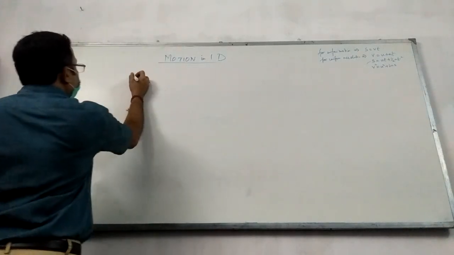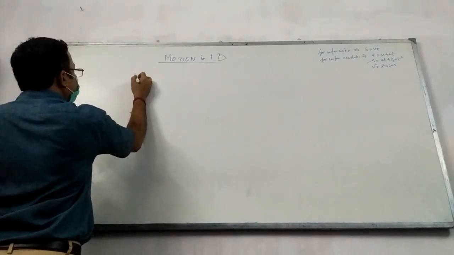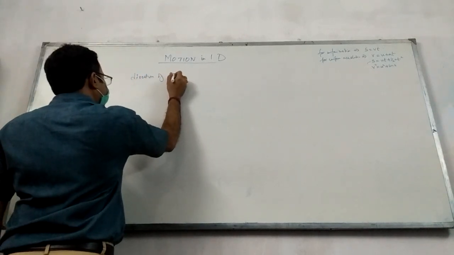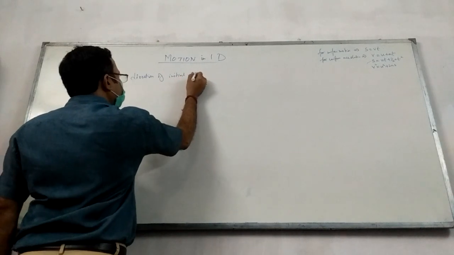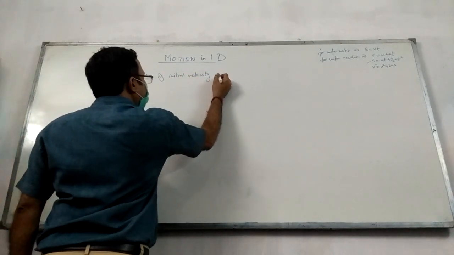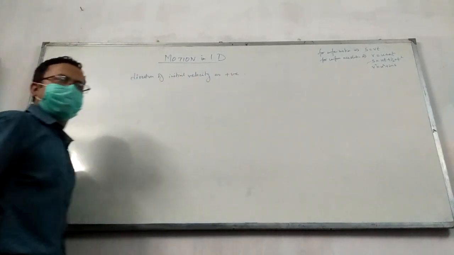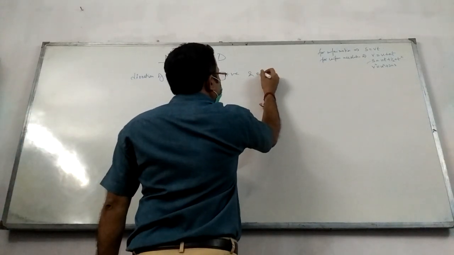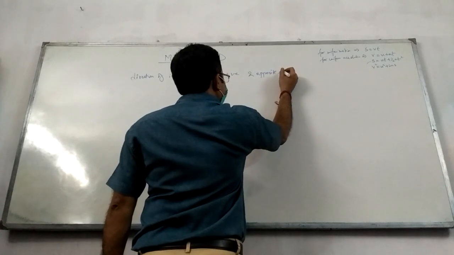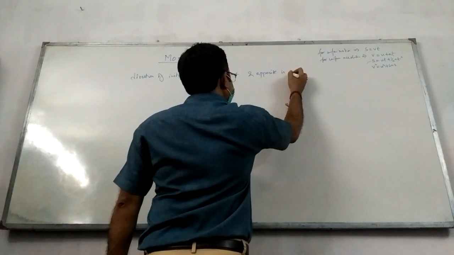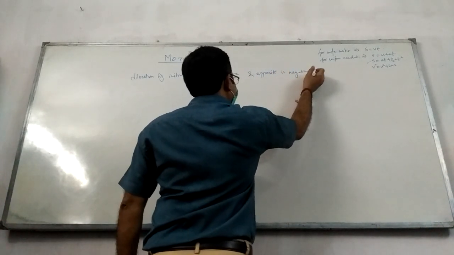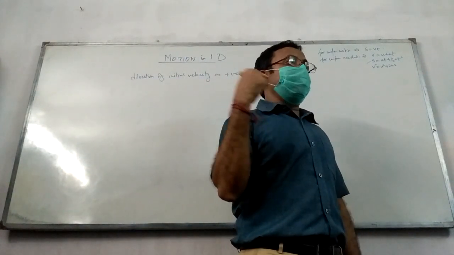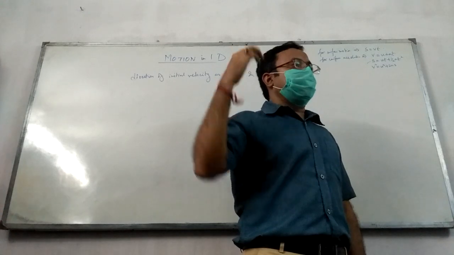So in general, you take the direction of initial velocity as positive, and the opposite direction as negative.